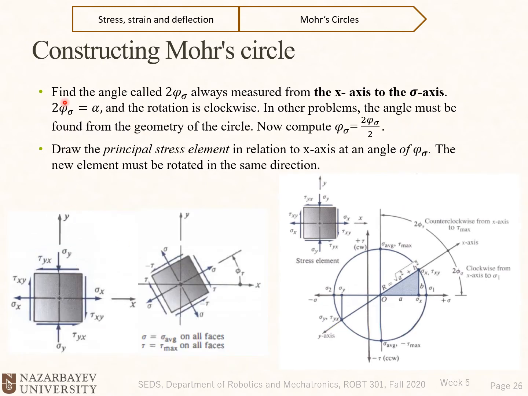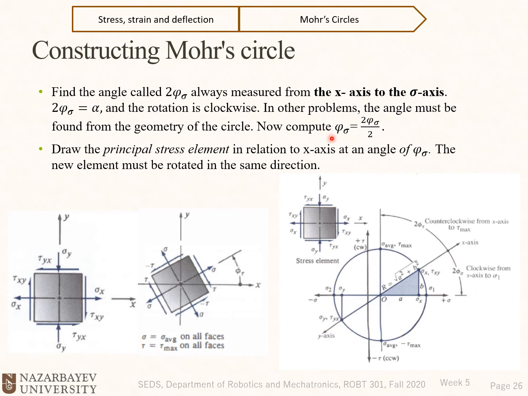We can find the angle called 2 phi sigma, always measured from the x-axis to the sigma axis. 2 phi sigma is equal to alpha, and the rotation is clockwise. In other problems, the angle must be found from the geometry of the circle.